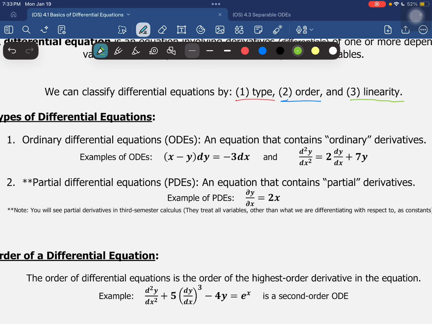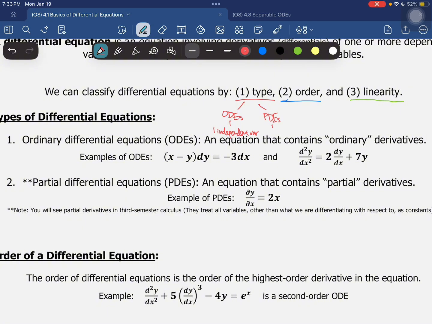There are two main types of differential equations: ordinary differential equations, or ODEs, and partial differential equations, or PDEs. Ordinary differential equations deal with one independent variable only, and these will be what you'll be seeing and practicing in the scope of this Calc 2 course.